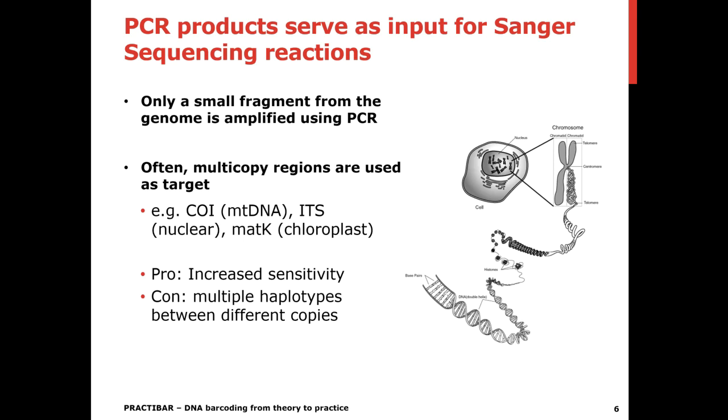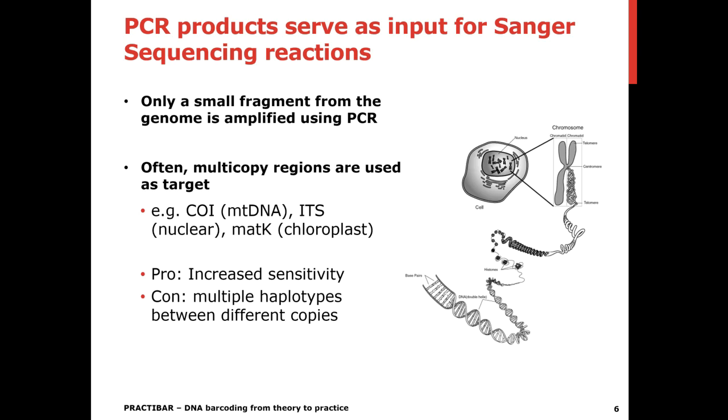So PCR products serve as input for Sanger sequence reactions. So you only amplify a small fragment from the genome. And these are often multi-copy regions. For instance, CO1 from mitochondrial DNA, so you have multiple mitochondria in one cell.